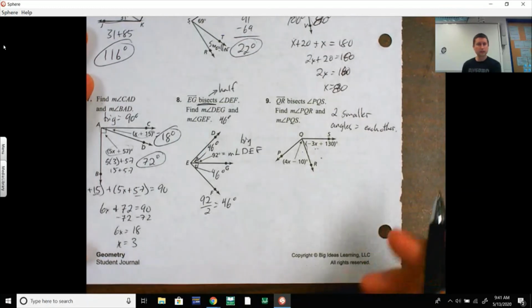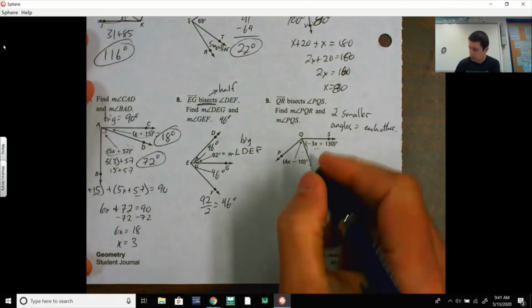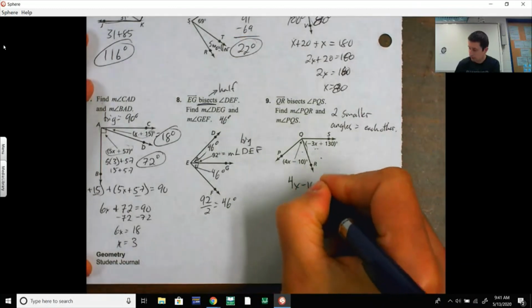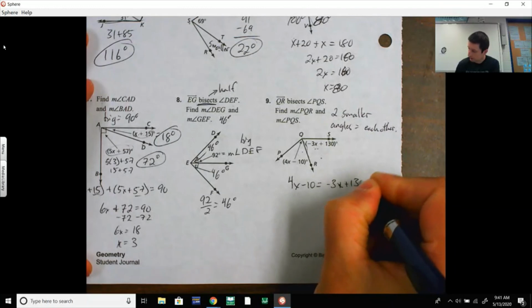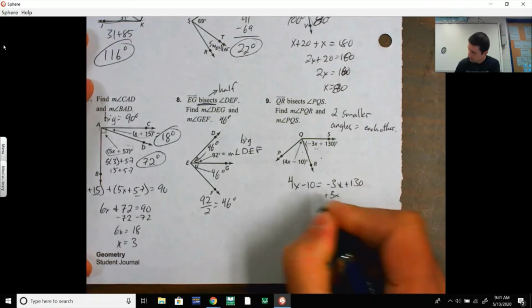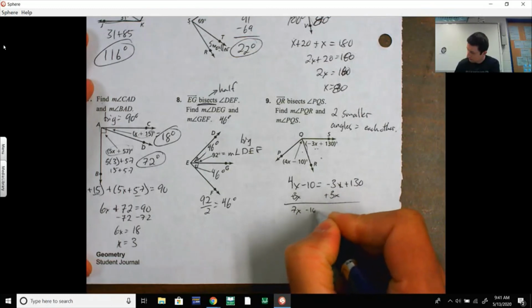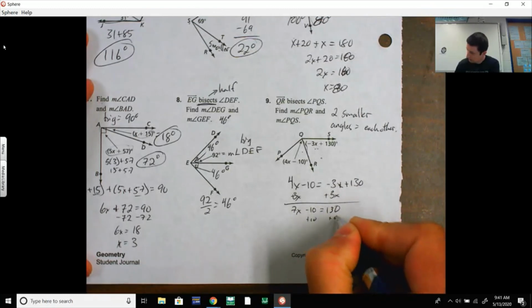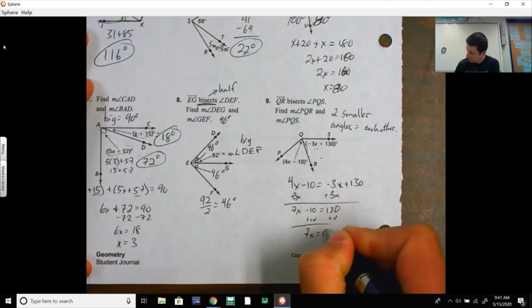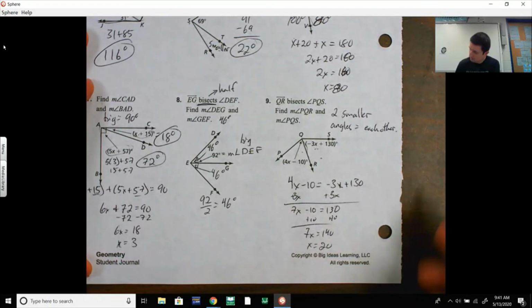You have to set these equal to each other now: 4x minus 10 equals negative 3x plus 130. I'm going to add the 3x over. 7x minus 10 equals 130, plus the 10. 7x equals 140. So x equals 20.